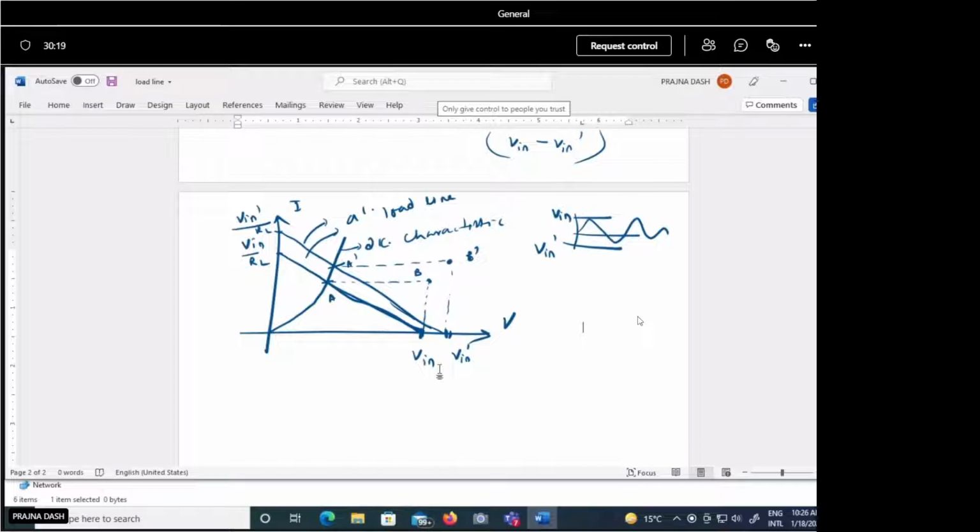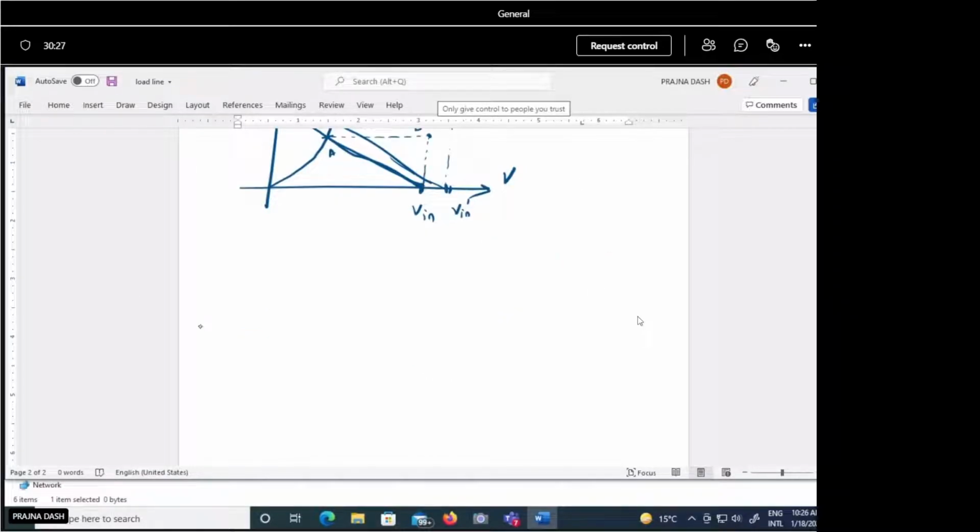For this particular voltage, the equation we are getting is V in minus the diode voltage VD minus the output voltage V naught, or we can say I into RL, is equal to 0.